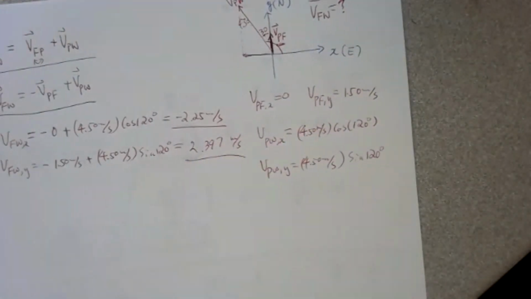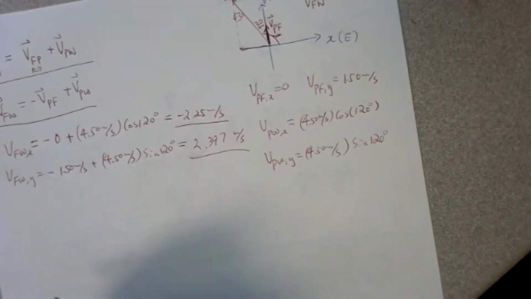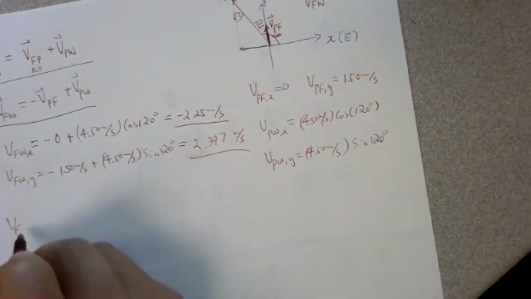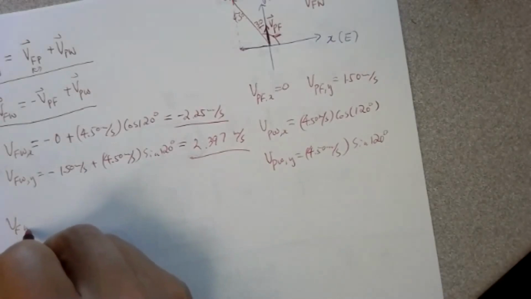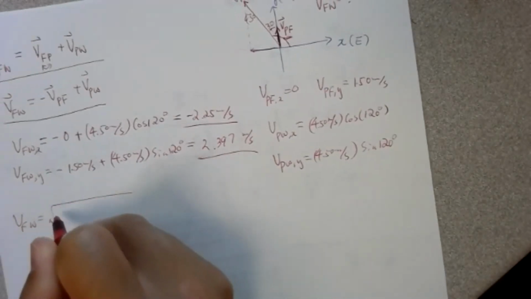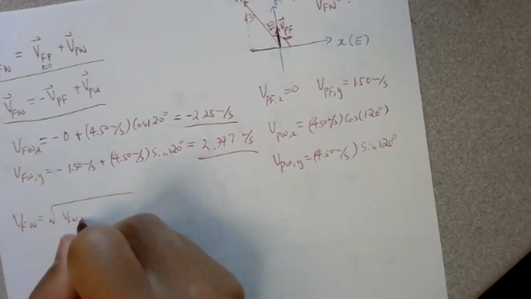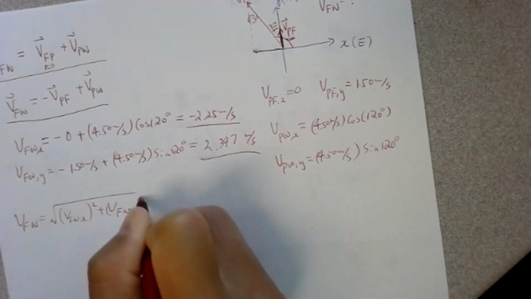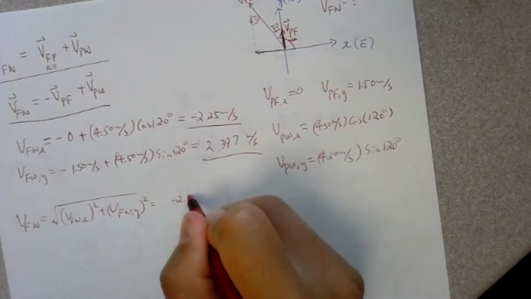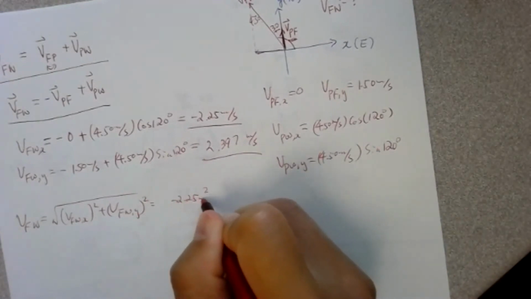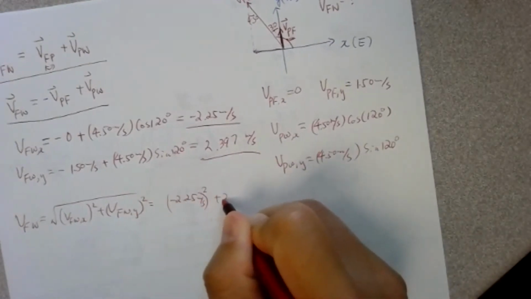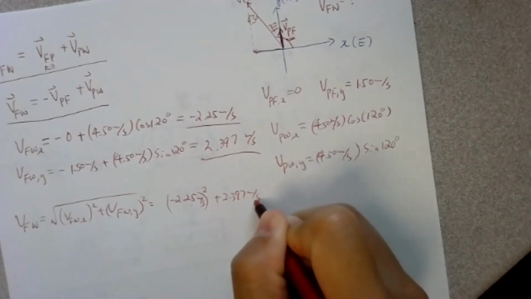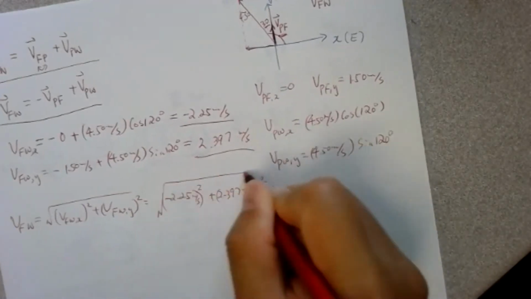So now I have my x component and y component, so I can do the component method: the x component squared plus the y component squared. Okay, so minus 2.25 squared plus 2.397 meters per second squared, and then square root.